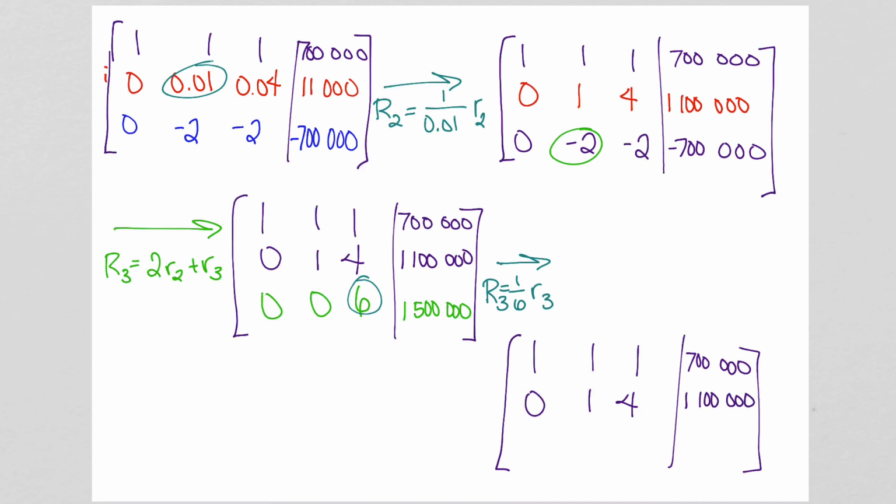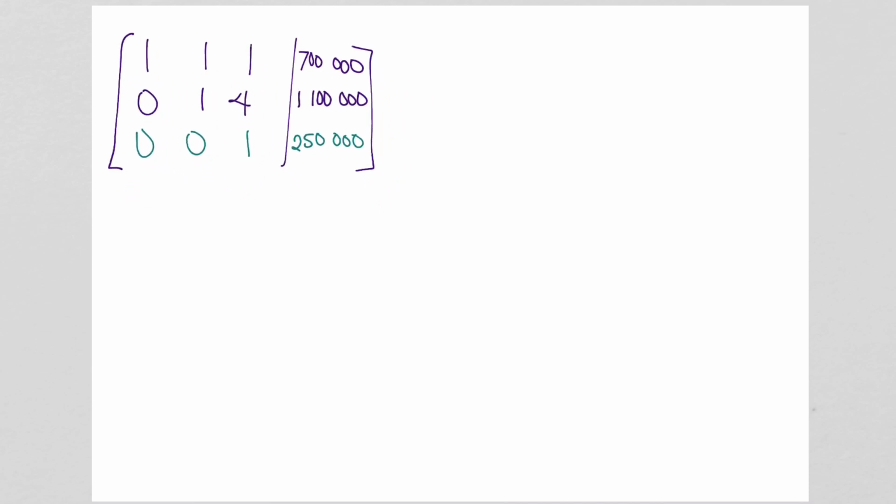And the third row, 1,500,000 divided by 6 is 250,000. So we could stop there and set up our system and back substitute. But I'm going to go ahead and get it in reduced row echelon form.